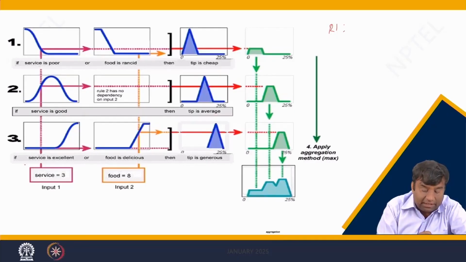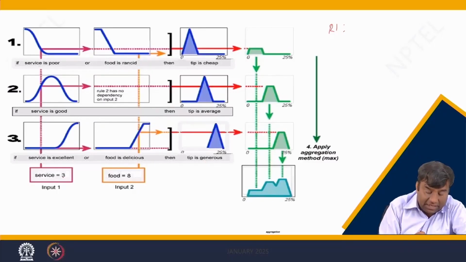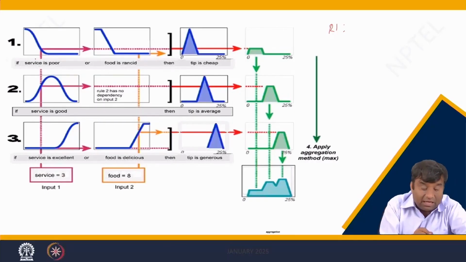And the third one is that if service is excellent or food is delicious, then tip is generous. First, the input of the service variable is 3, and the input of the food variable is 8.